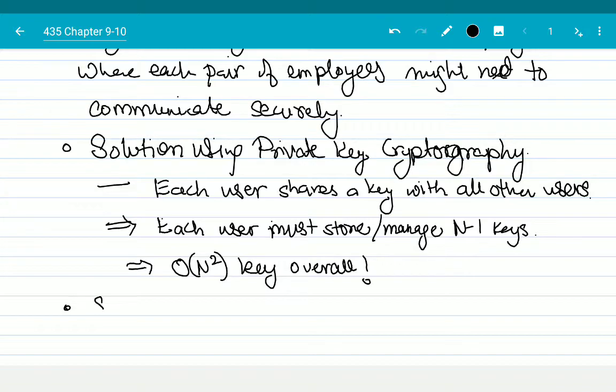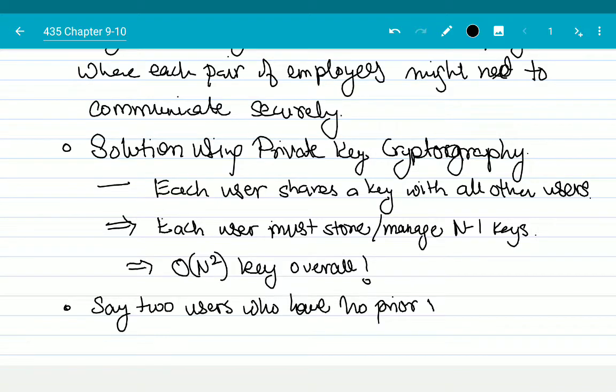Say two users who have no prior relationship want to communicate securely.